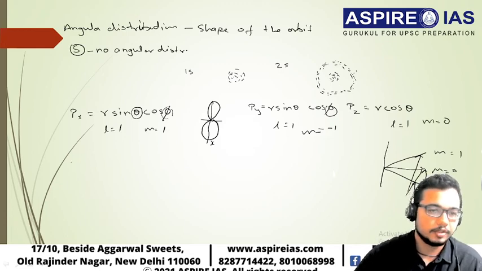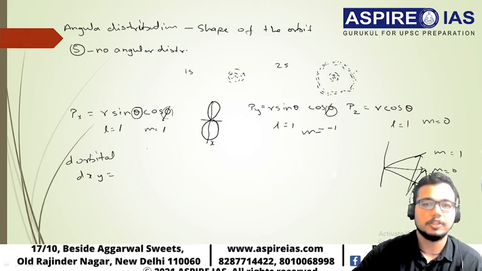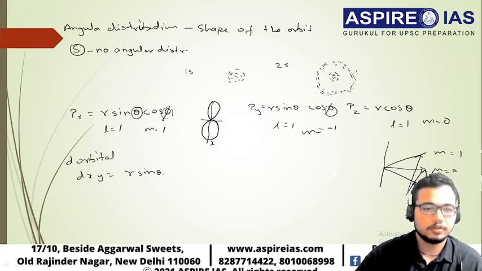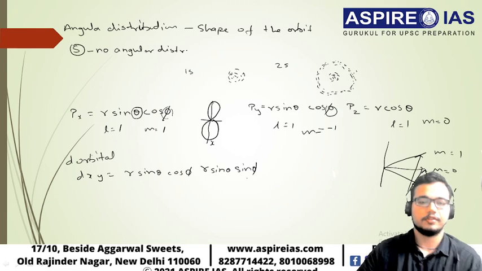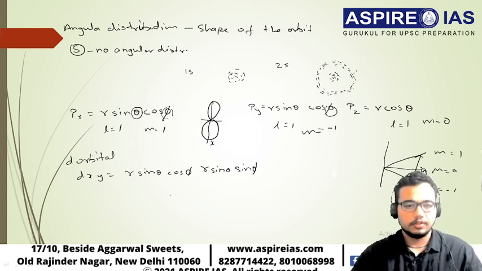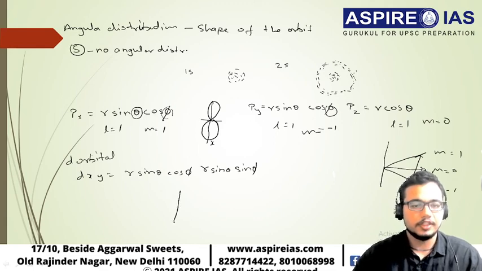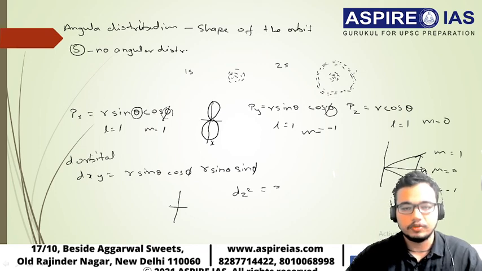Now next comes the d orbital. D orbital will be similar. For dxy, what we have to do is simply multiply x and y, that is r sin theta cos phi into r sin theta sin phi. By this we can calculate the angular function of dxy. Similarly, dyz, dzx, dz square. For dz square, we use the formula 3z square minus r square.